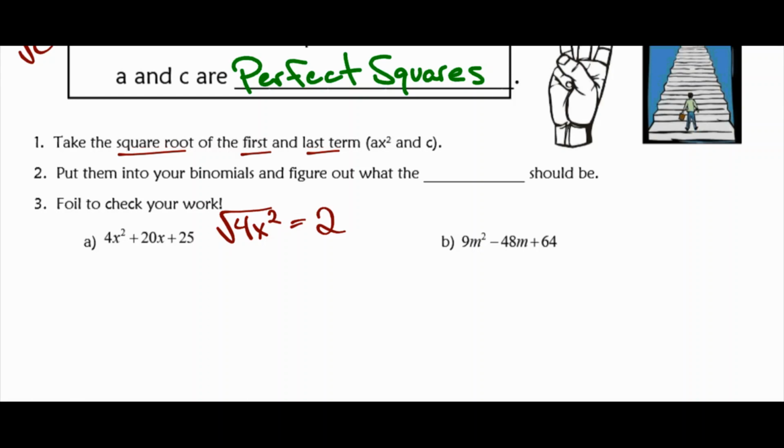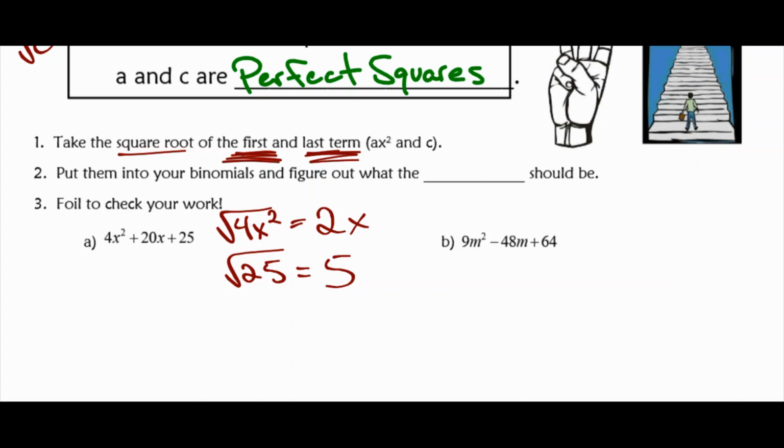Remember, when we were simplifying radicals, we were looking for pairs of x's under that square root symbol. We have one pair, and it comes out as just x to the first power. That was the square root of the first term, and now the square root of the last term. That's a little bit easier. That's just 5.